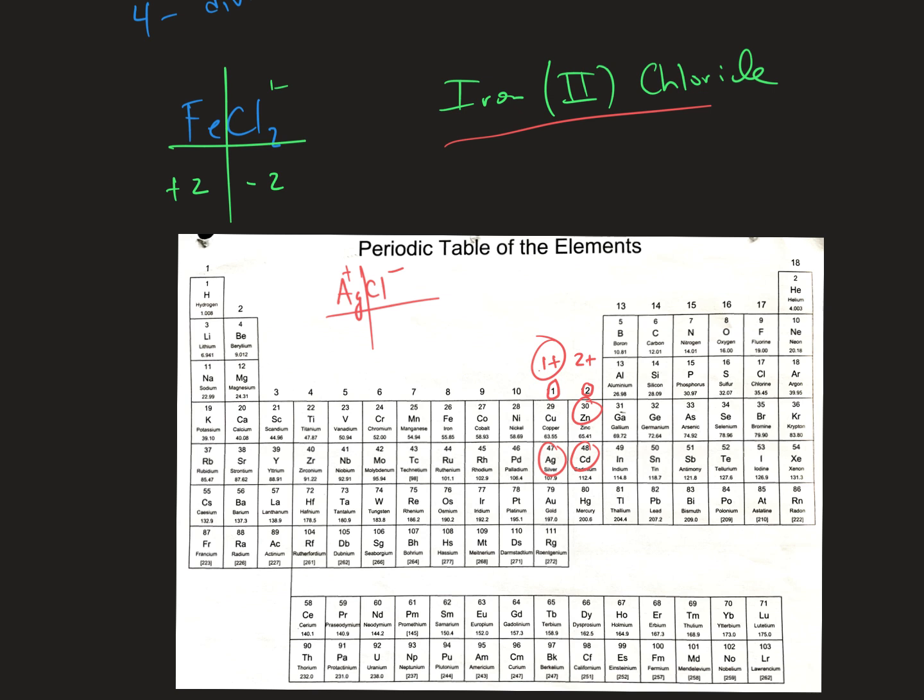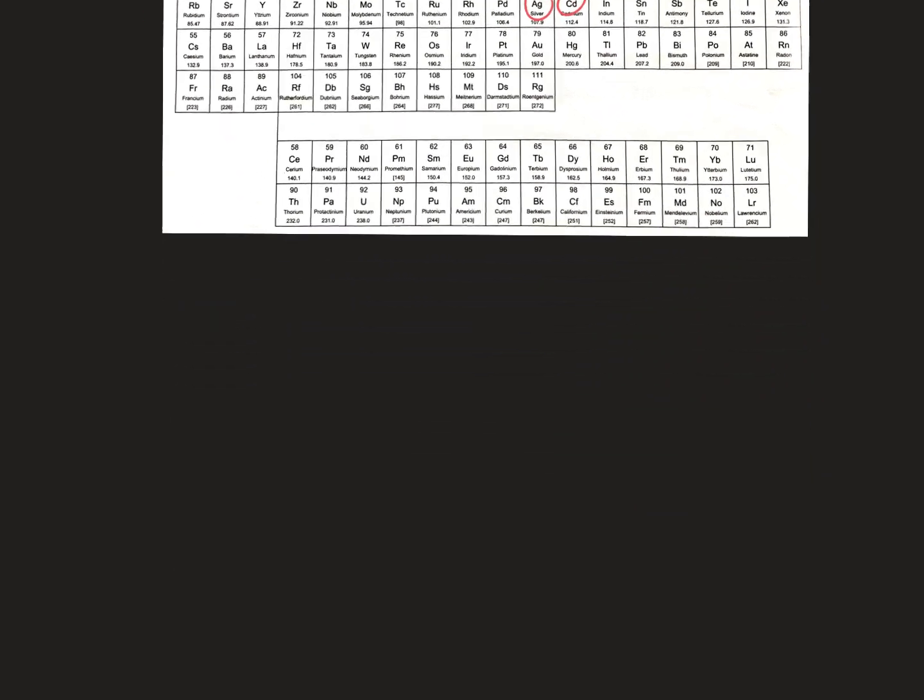All right. Are we good with writing chemical formulas and naming ionic compounds with transition metals? Okay, let's write chemical formulas now. This should be pretty straightforward if you understand everything we've done today so far.